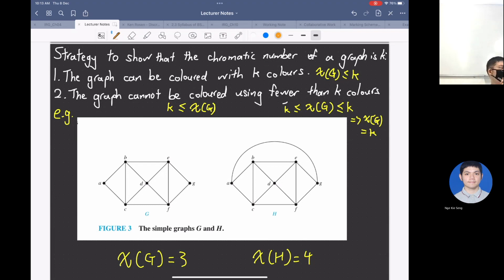This one you should take note of: how to find the chromatic number of a graph. First, you should show that the graph can be colored with k colors.